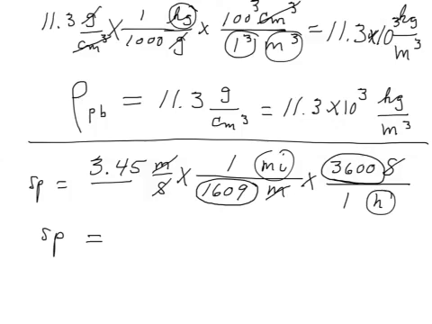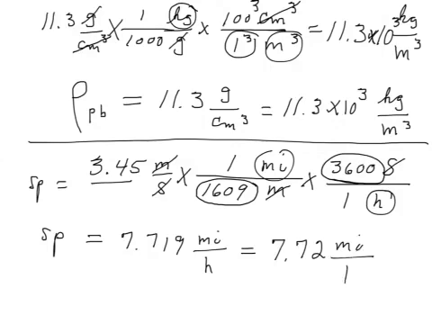So running that through the calculator, I get 7.719 miles per hour. Of course, that's too many significant figures because the 3.45 that I started with is only 3 significant figures. So I'll round off that last digit. So I only have 3 significant figures. And so I'll report my final answer as 7.72 miles per hour.